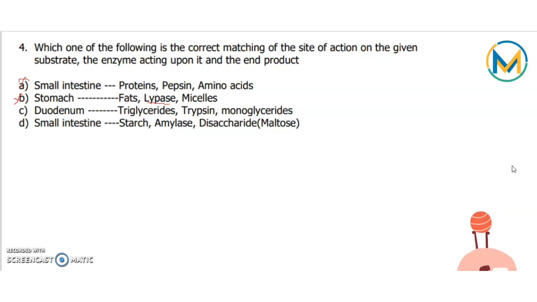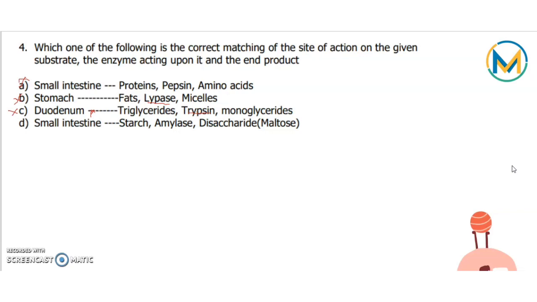Next is duodenum, which is a site of action. Substrate is triglycerides. Enzyme acting upon it is trypsin, and the end product is monoglycerides. So no doubt triglyceride will give you monoglyceride. But this trypsin enzyme is present in pancreas and not in the part of small intestine, that is duodenum. So this is also not a correct match. Last option, that is small intestine, which is a site of action. Substrate is starch.